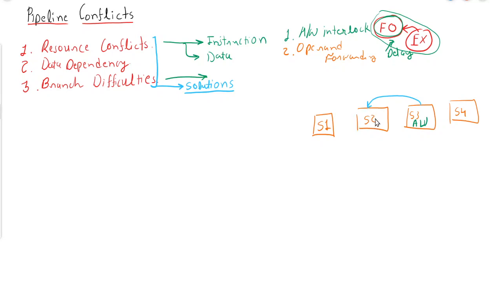So in that case, a special path, a special circuit, will be established between these two segments, and without passing through registers, this operand will be directly forwarded to the destination. This is how operand forwarding will work. Then the third solution, delayed load.